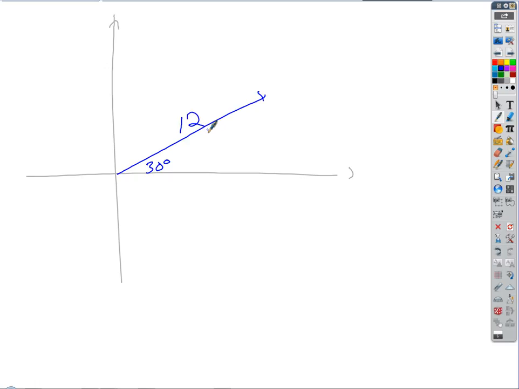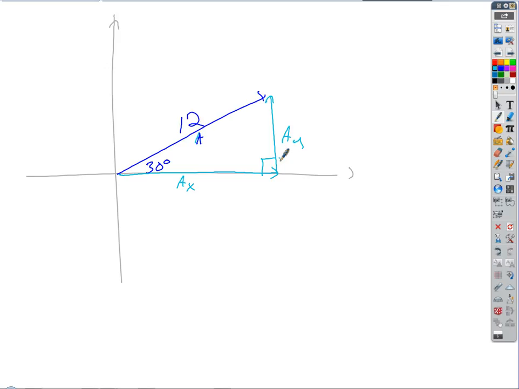Let's call this vector A. I might call this one A sub x, the x component. And then I'm going to call this one A sub y, and those are supposed to be at right angles.